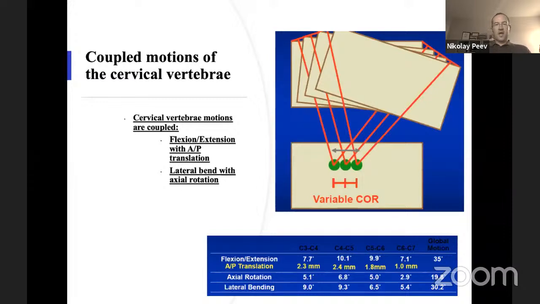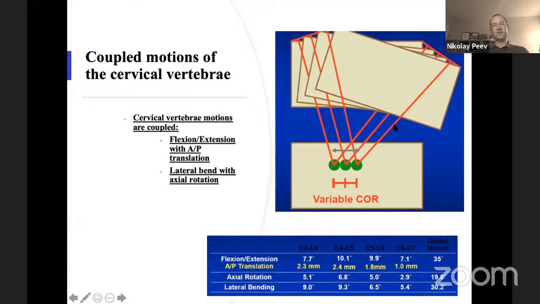So one of the main points of criticism of the disc replacement devices is that they do not appropriately mimic the movement of the cervical spine segments. You can see on that slide a diagram showing how the segments move.